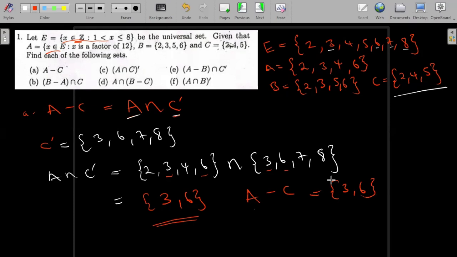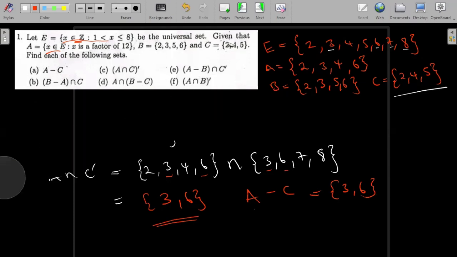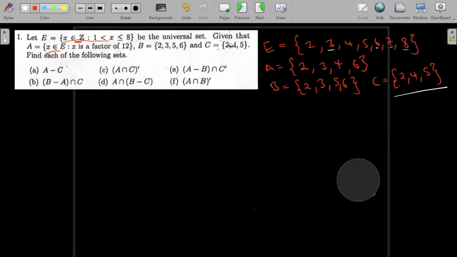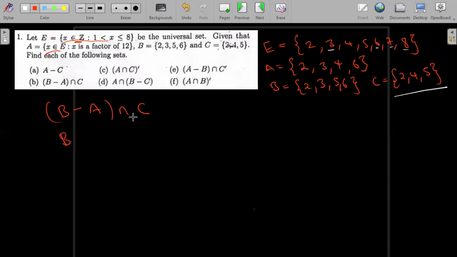All right, so let us move on now. Since there's no question, we'll go to part B of the question. Part B is just B minus A, then intersect C. I can write what is in the bracket as B intersect A complement.